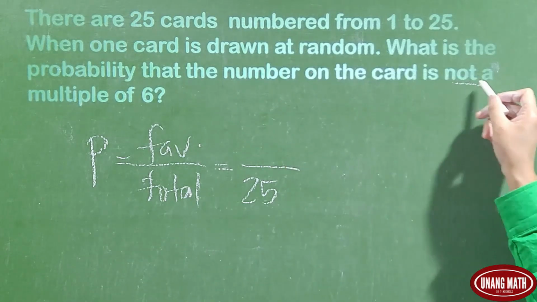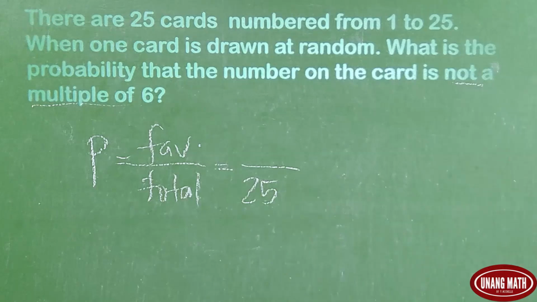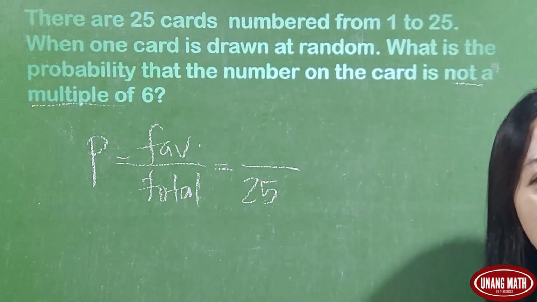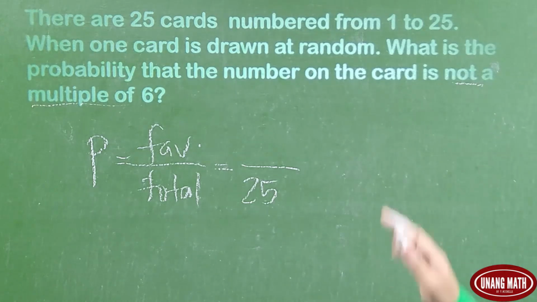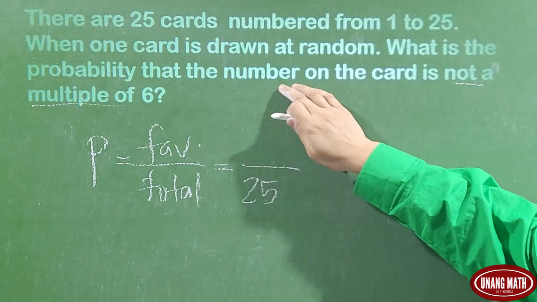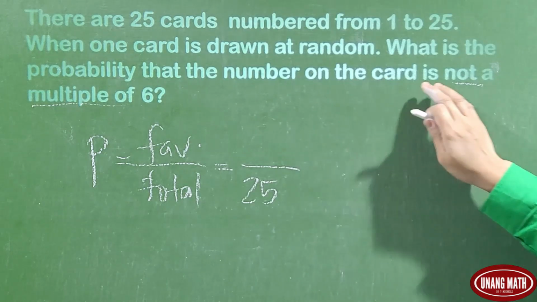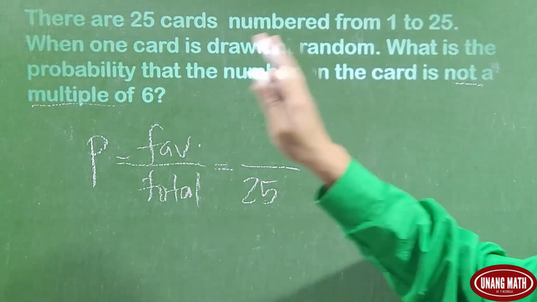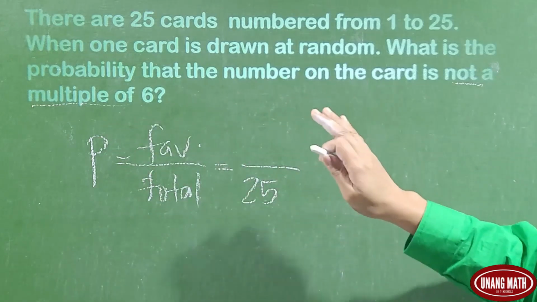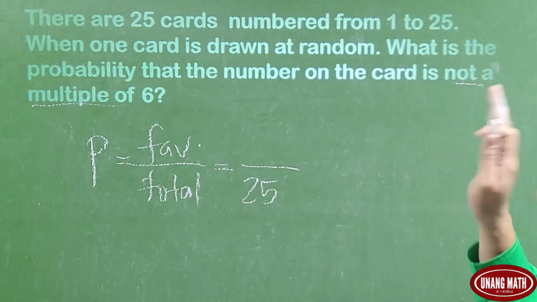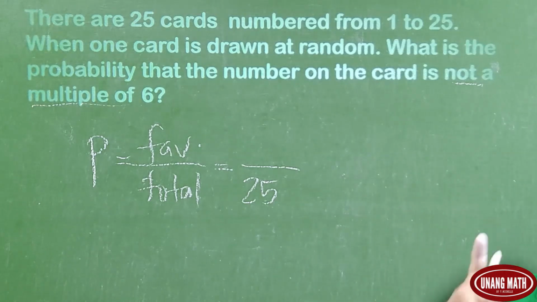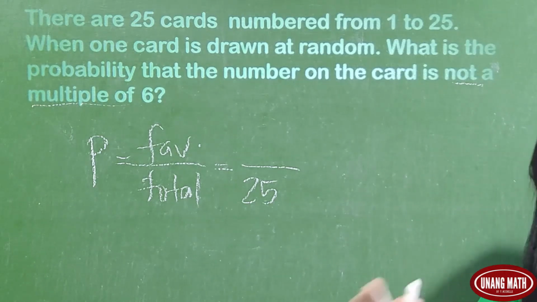If it's not a multiple of 6, from 1 to 25, then we have 1, 2, 3, 4, 7, and so on. So there's a lot. So instead of finding the probability that the number on the card is not a multiple of 6, we will find the card which is a multiple of 6, and it will be easier and fewer.